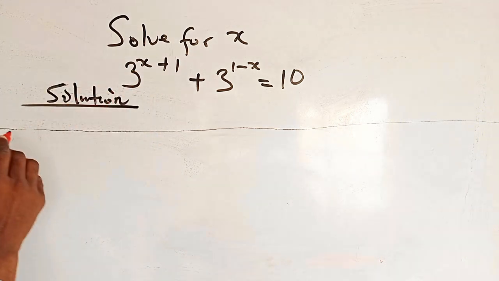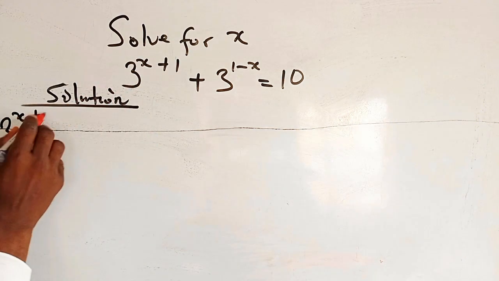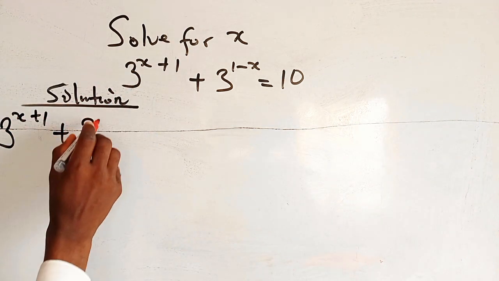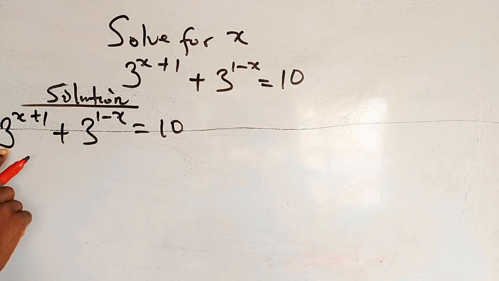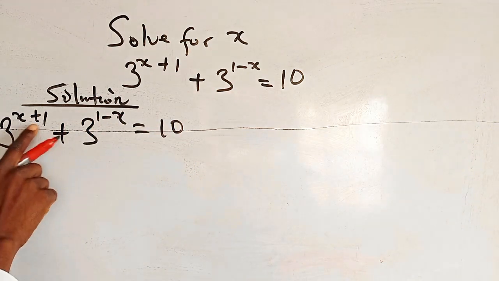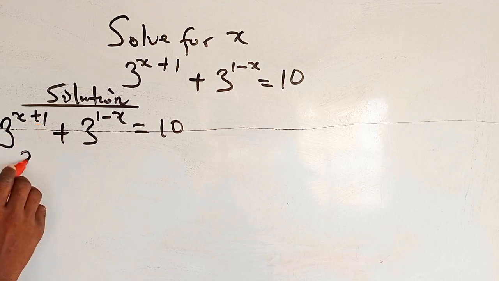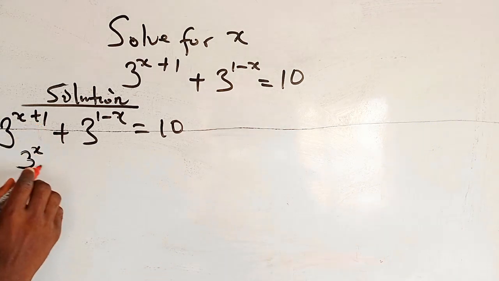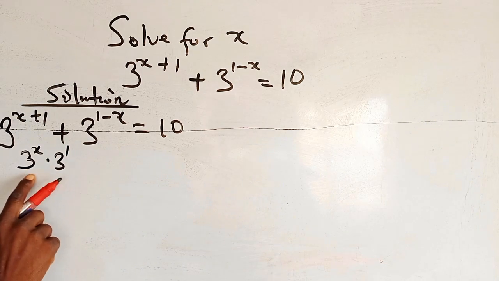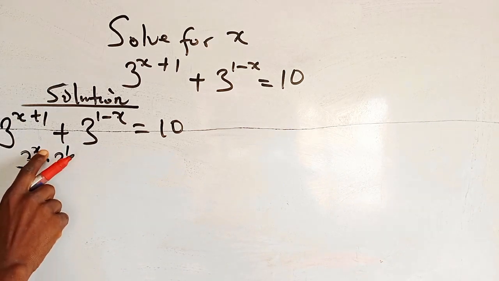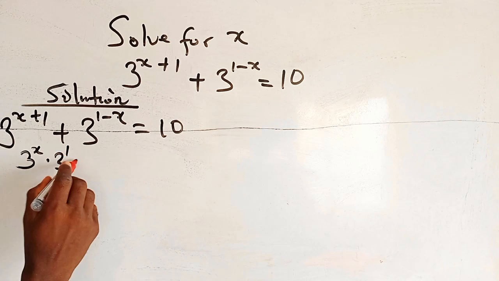So from here we have 3 raised to the power x plus 1 plus 3 raised to the power 1 minus x equals 10. When we look at 3 raised to the power x plus 1, we can write this as 3 raised to the power x times 3 raised to the power 1. Law of indices: when you have the same base, you add up the powers.